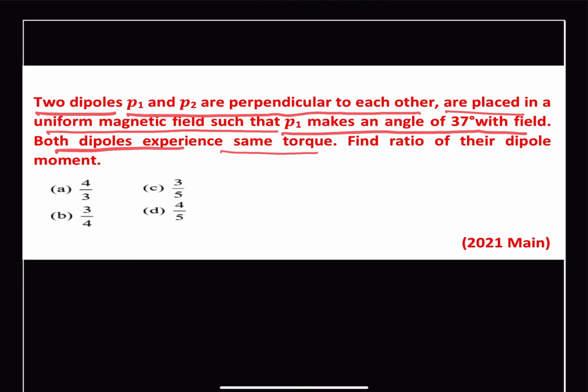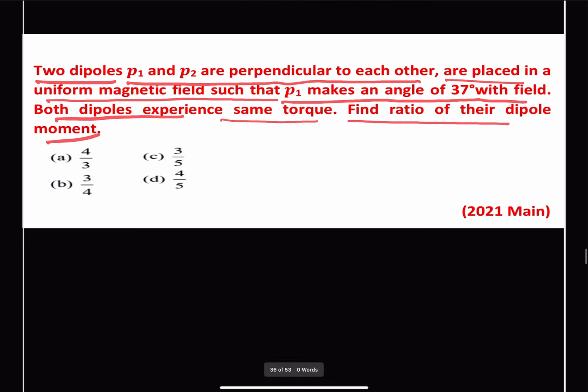Find the ratio of their dipole moments. So we can draw the basic figure. Suppose the electric field is in this direction, and P1 is making an angle of 37 degrees with the field. So this is our P1.